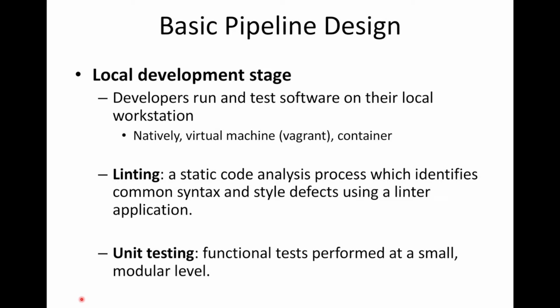I use code linting all the time, and it's a good process to enforce across a development team because you can ensure that all of the code being produced by team members is stylistically consistent. Linting also helps you identify any syntax issues in the code.